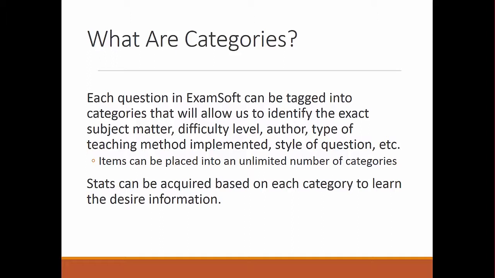In this situation, we're talking about specific content areas. One thing to note is that you can have an unlimited number of categories per item. We have some items in our system where one question can be tagged to a dozen or more categories. And then you can run stats based on each category to learn the desired information.